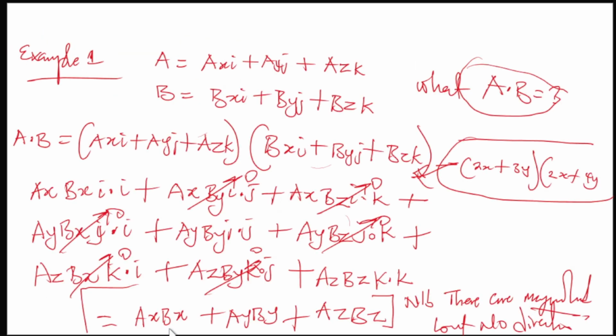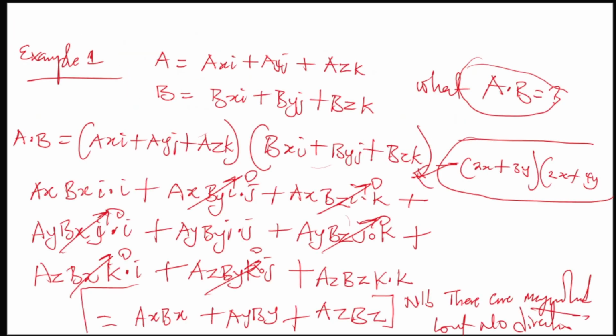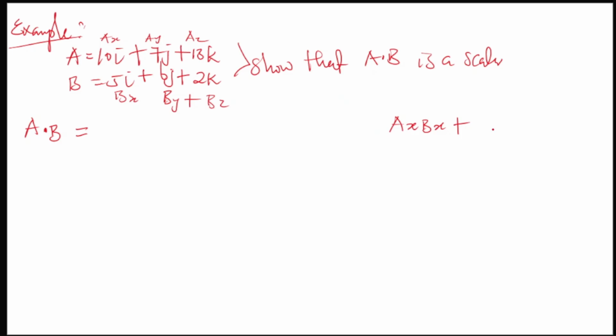So what you simply do is you go back to your equation that you've already proved and know what you already have here as your scalar. So basically you have AX, BX, right? So let's come back and write our formula. You can write your formula here: AX BX, plus the next one, AY BY, plus AZ BZ.